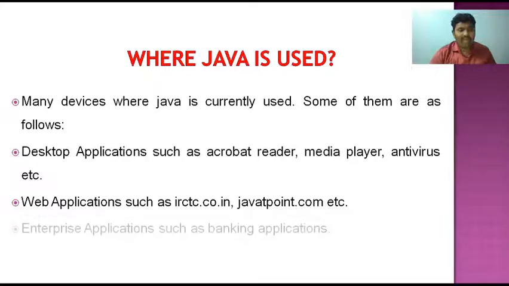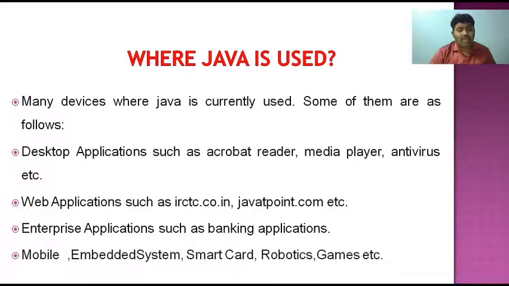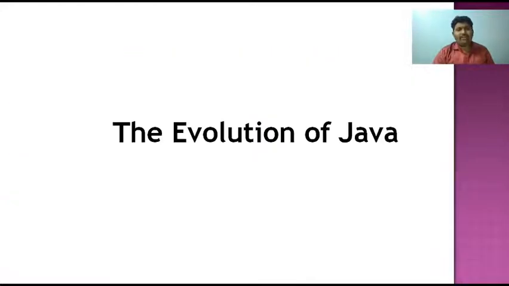Enterprise applications like banking applications are also developed using Java. Mobile games, and software in remote controls, fridges, ACs, and robotics are also developed using Java. That's why Java is the most powerful programming language.